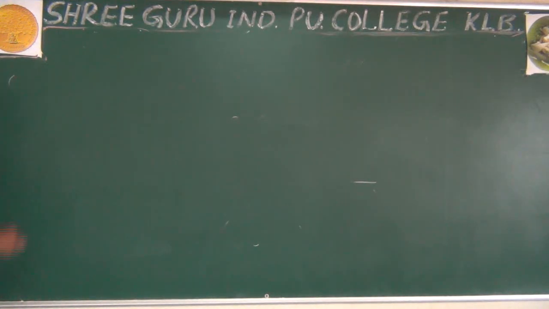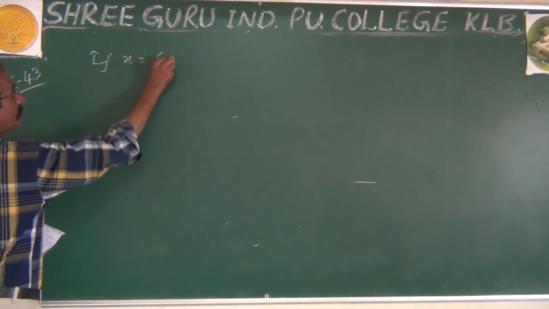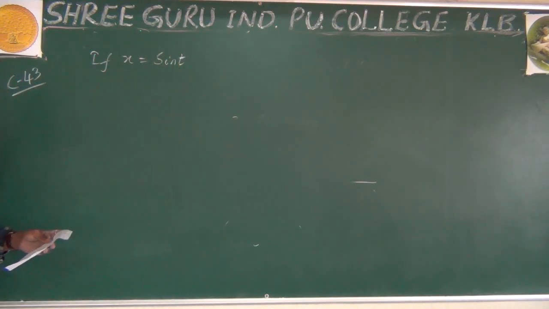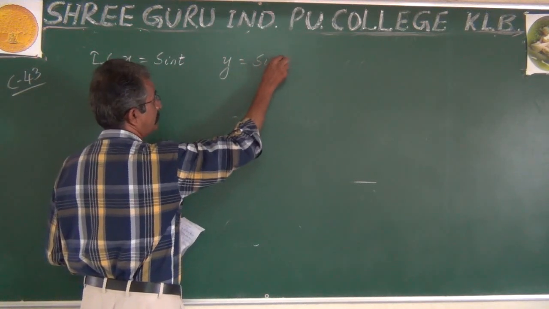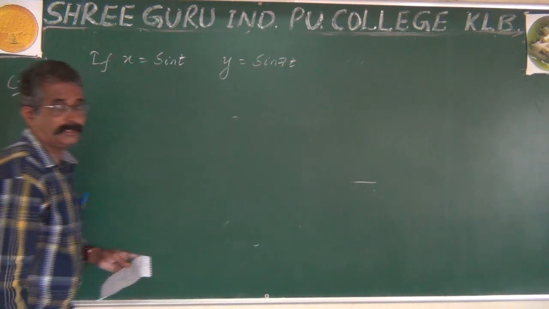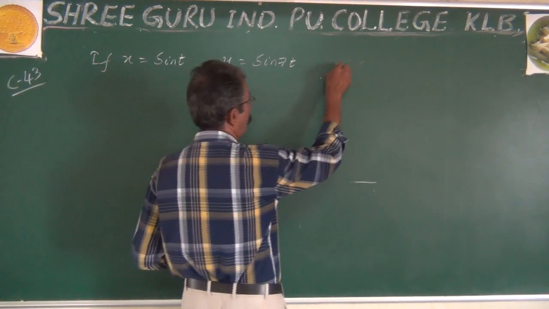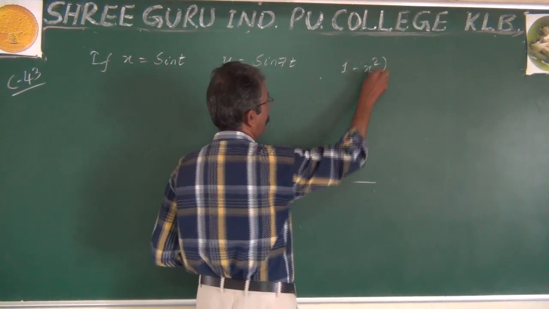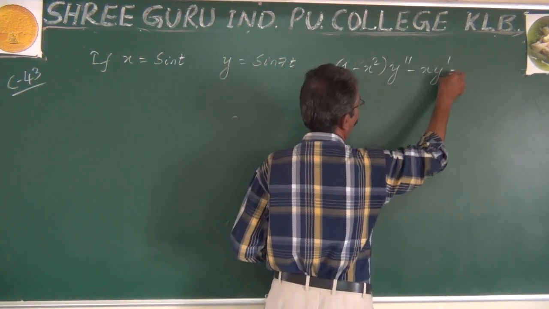Next question. If x equal to sin t, y equal to sin of 7 sin t, then what is the value of (1 minus x square) into y double dash minus x into y dash?